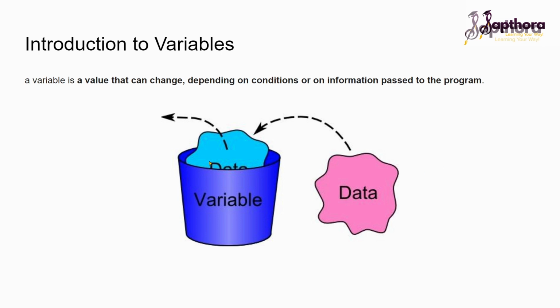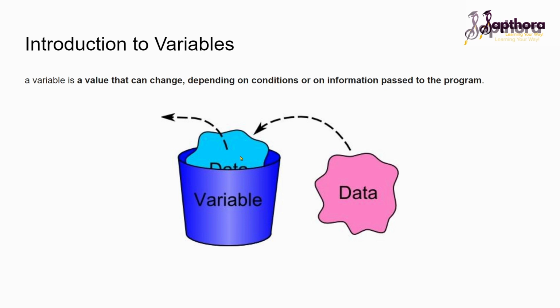Here you can see, as the picture depicts, there is a bucket and there is some kind of data put inside. Let us take this as water, okay? So I have a variable called bucket, and inside that I have a value of water.